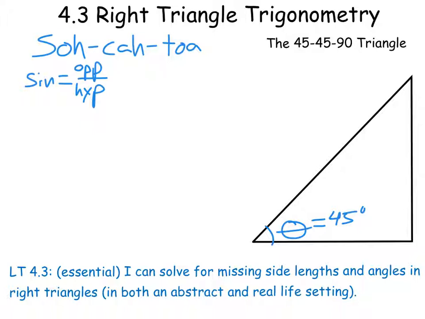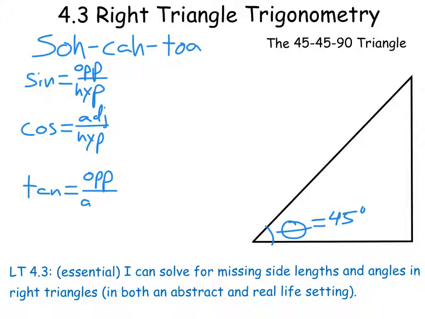And then for cosine, the AH is from adjacent over hypotenuse. And then good old tangent is opposite over adjacent. And of course we have our others, cosecant, but keep in mind these are all reciprocal ratios. Whoops. Shouldn't be over adjacent.